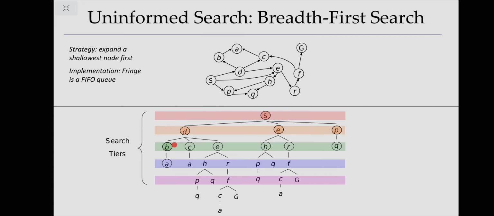BFS needs to save all of the information of the different nodes in different levels. Because of that, in the worst case, BFS needs to save the information of all nodes. That is very, very great. It is exponential.